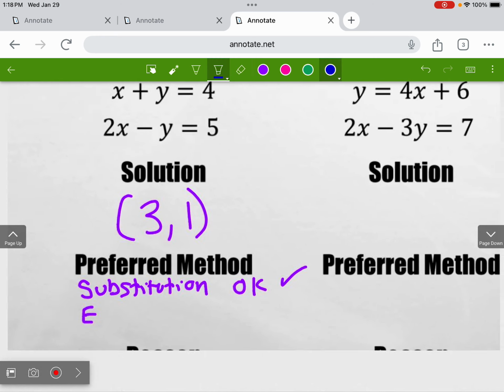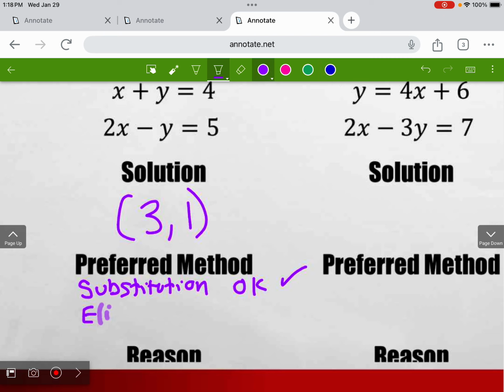How was graphing on this one? That would be A, if you did page A. How was your graphing on this one? Yeah, the second one's not very nice because it's got that minus y. Elimination's okay. Graphing was not great.